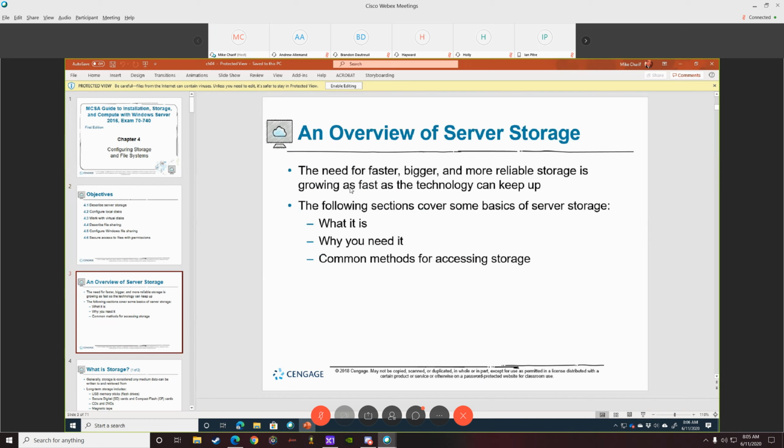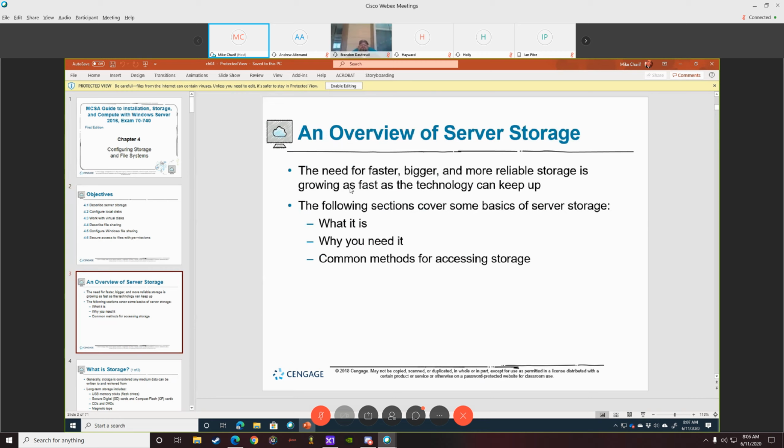So when we talk about storage in general terms, we've got a lot of different types of storage. We have permanent storage and we have temporary storage, right? We can store information in memory, random access memory, for example, for short term, as long as that machine has power in it.